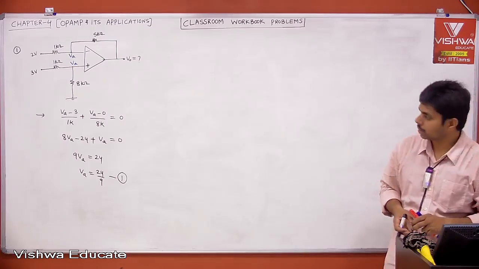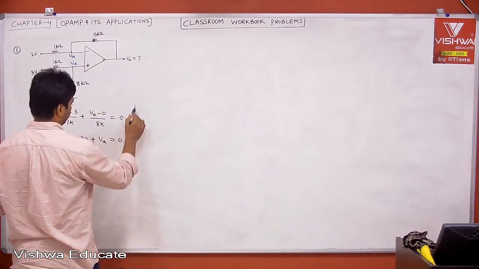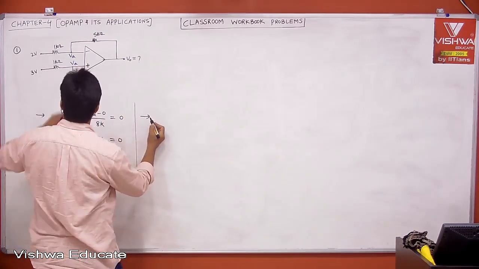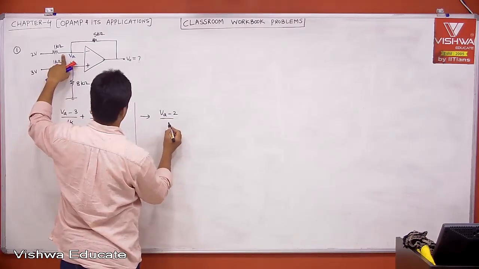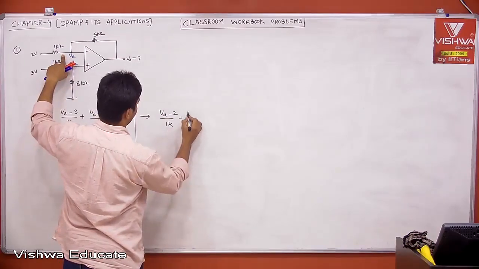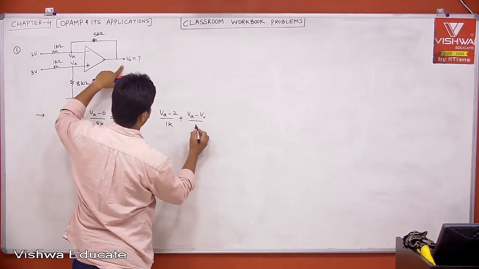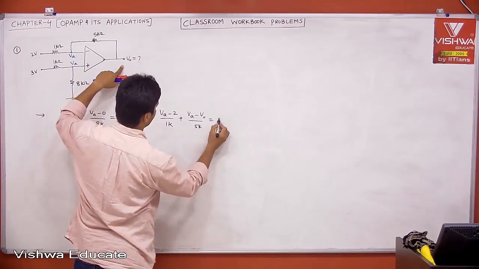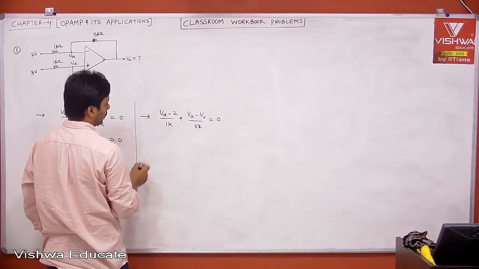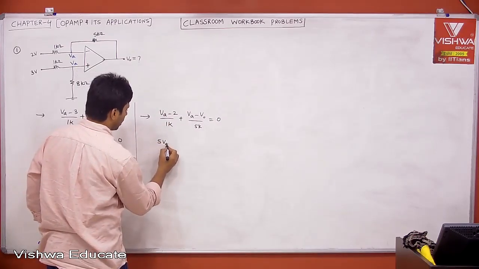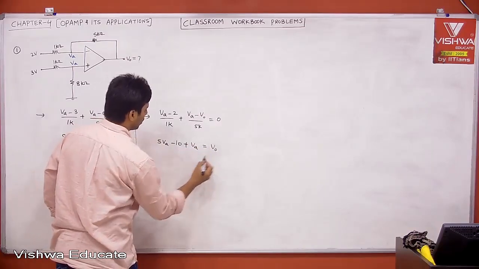2, 3, 1k, 1k, 8k, 5k. Okay, done. Now apply nodal analysis here at the other node. (VA minus 2) divided by 1k plus (VA minus V0) divided by 5k is equal to 0. k will be cancelled. Multiply with 5. Then 5 VA minus 10 plus VA is equal to V0.